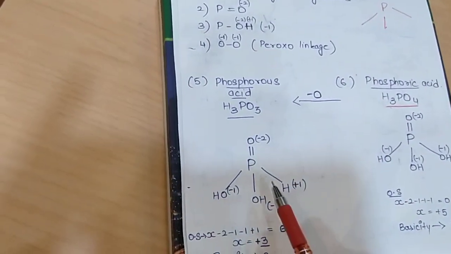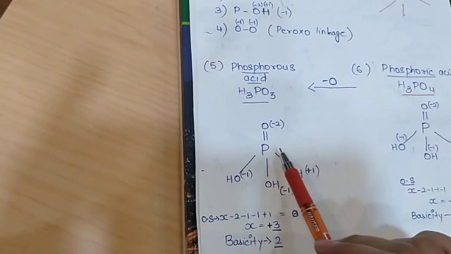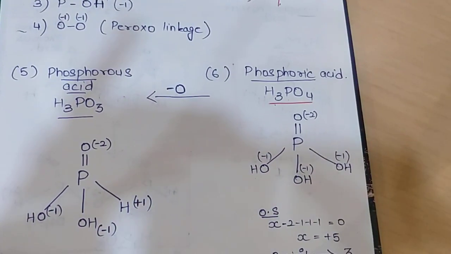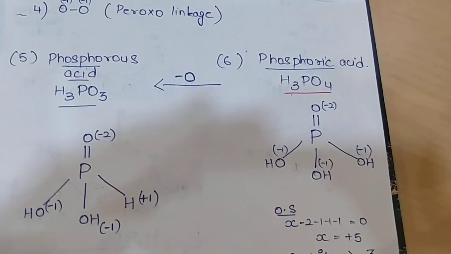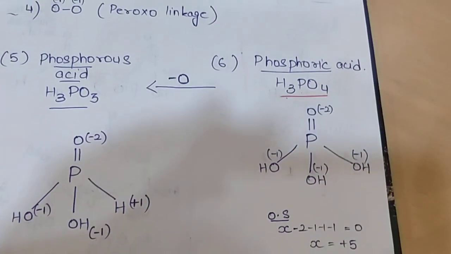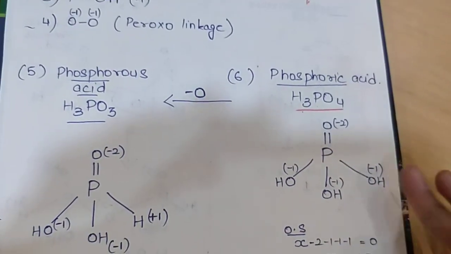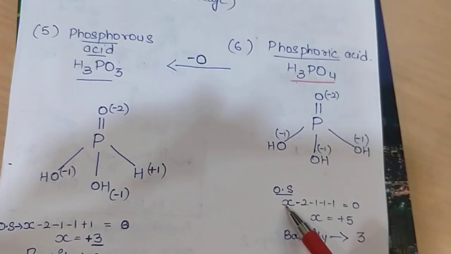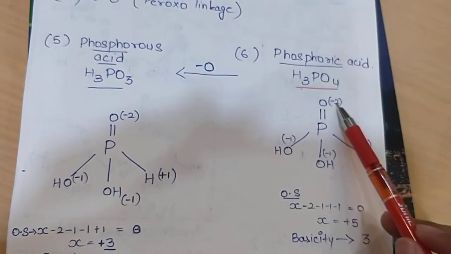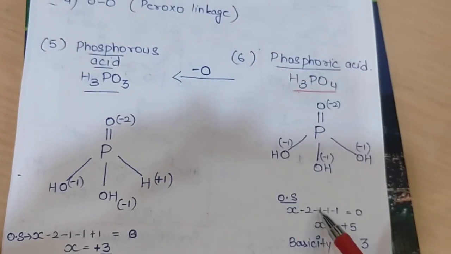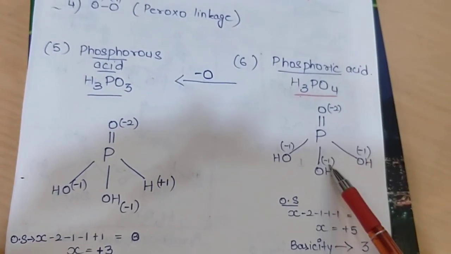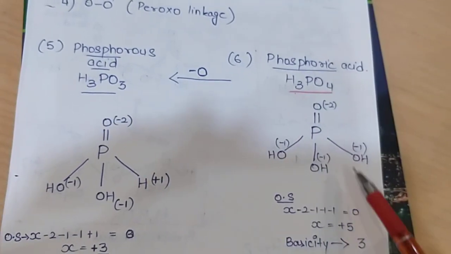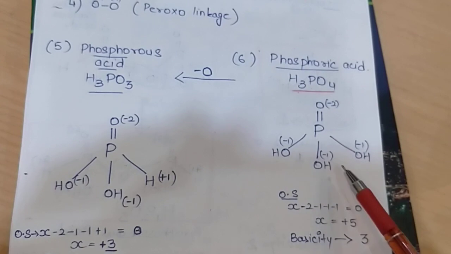Now let us calculate the oxidation state. As the whole molecule is neutral, let us discuss first phosphoric acid. If we want to calculate the oxidation state of phosphorus, let us consider it to be X, -2 for this oxygen, -1 for this OH group, -1 for this OH group, -1 for this OH group, and this total will be equal to 0 as the overall charge on the molecule is 0.